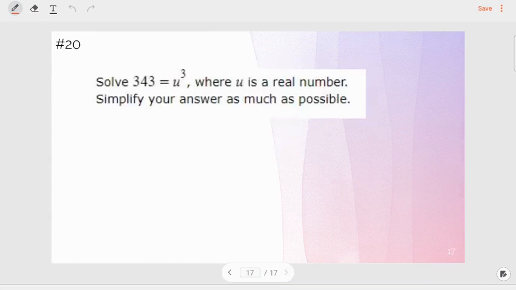Let's look at this last one. So it says solve 343 equals the cubed root of u, where u is a real number. So I need to undo this cubed root by taking this radical of 3. And I want to know what number times itself 3 times is 343.